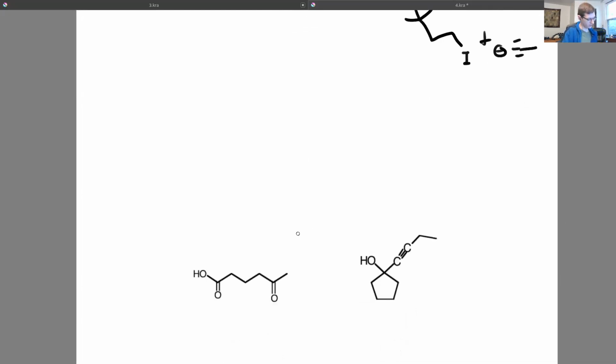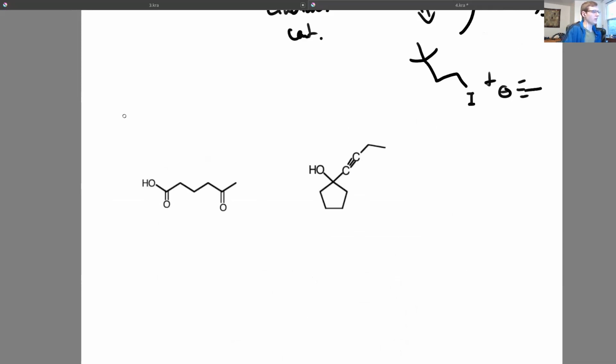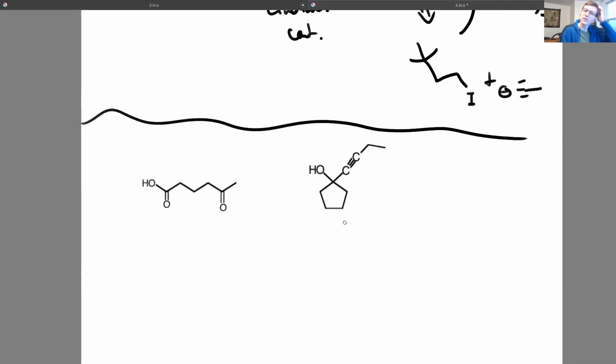Anyway, so here's problem 2, at least of this week's worksheet. There are 2 problems here. Synthesize both of these starting from 6 or fewer carbon compounds, effectively the same as what we were just doing.